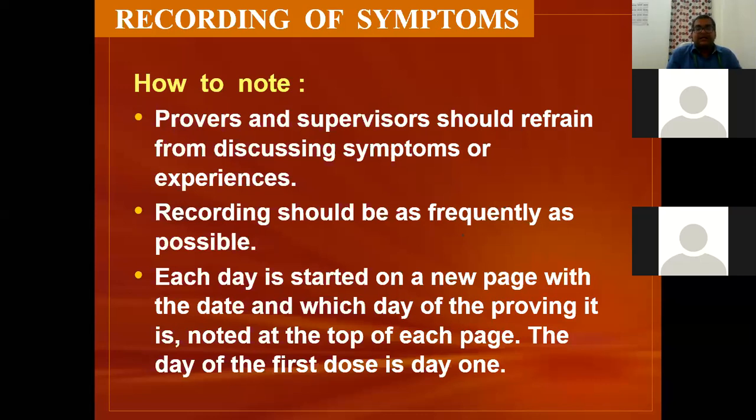Each day is started on a new page with the date and the day of proving noted at the top of each page. The day of the first dose is day one. When you have given the first dose, that is day one, and every day should be started with a new page.